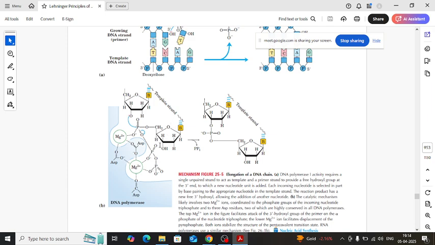So that's how this DNA polymerase will bind to the substrate, and it will incorporate one dNTP here, right?